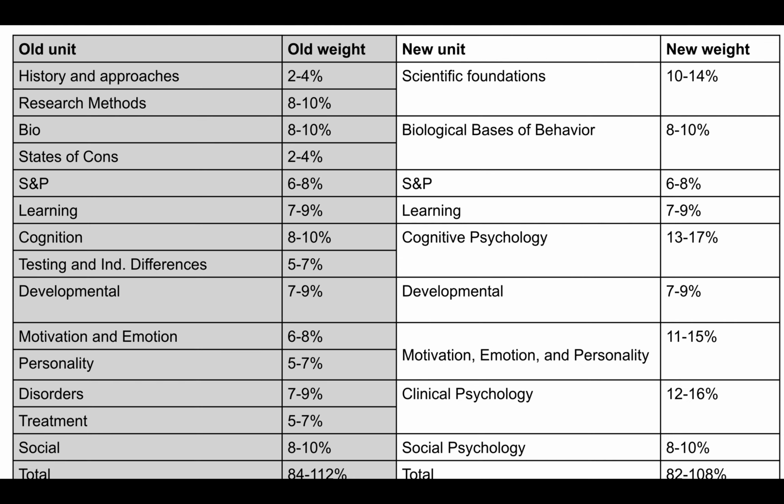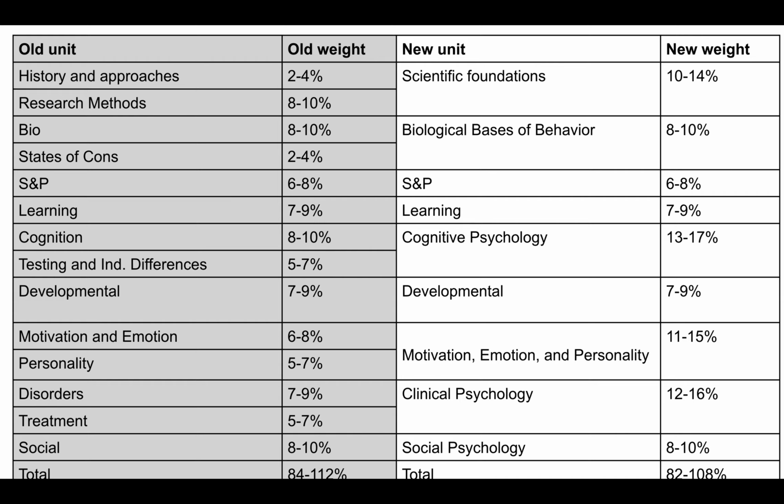We reorganized the book according to the new structure of the course and exam description, the AP Psychology curriculum. As you can see on the left, those are the chapters that most teachers and students are used to, the chapters in the AP Psychology and Intro Psych textbooks. Those 14 units are the traditional chapter structure.